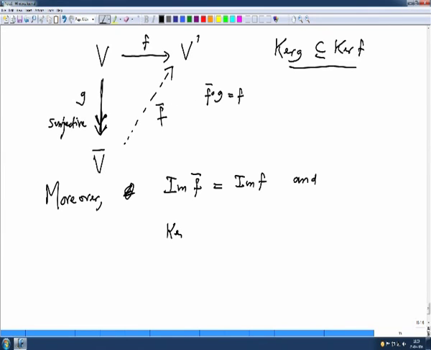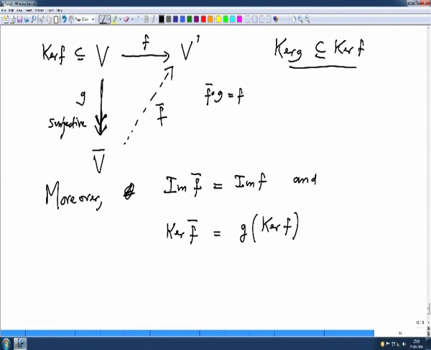Kernel of f bar is the image of the kernel here, g of the kernel of f. Kernel of f is a subspace here. So, you see the new map, we know its image and kernel very well in terms of the image of f and kernel of f. These equalities will be very useful again.